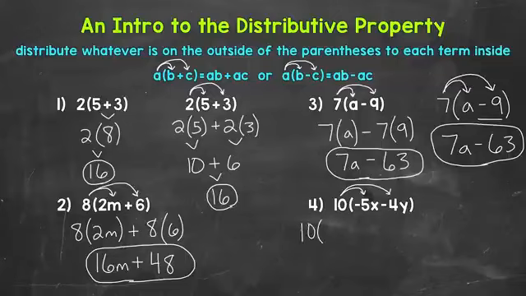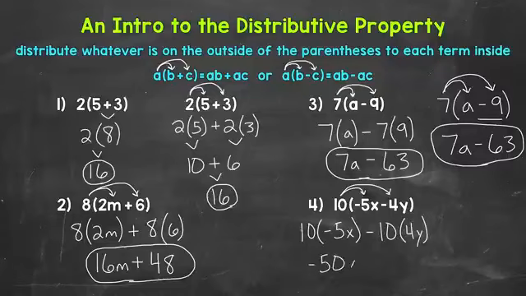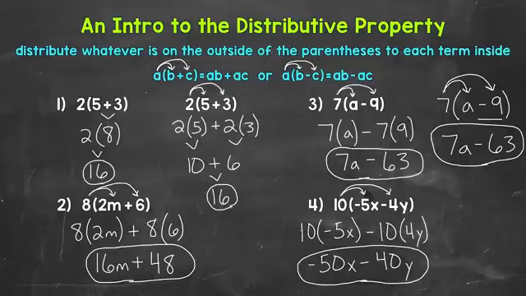So 10 times negative 5x minus 10 times 4y. 10 times negative 5x gives us negative 50x, minus 10 times 4y gives us 40y. So we end up with negative 50x minus 40y. We don't have any like terms that we can combine, so we are done. Again, negative 50x minus 40y.